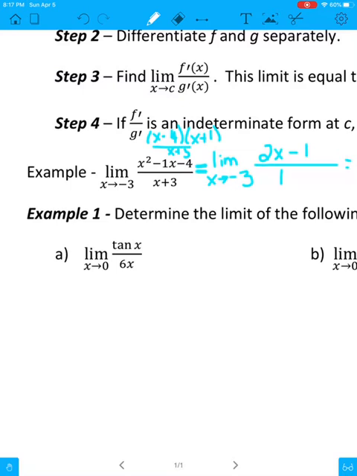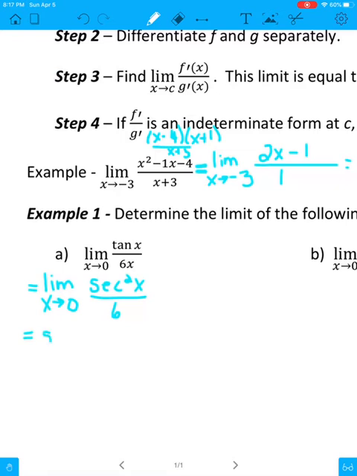So I'm going to go equals limit as x goes to 0. The derivative of tan x is secant squared x. And then the derivative of 6x is 6. Now if I plug 0 in, the denominator won't be 0, so I can plug it in.